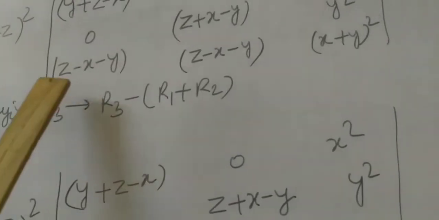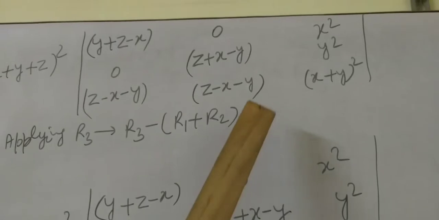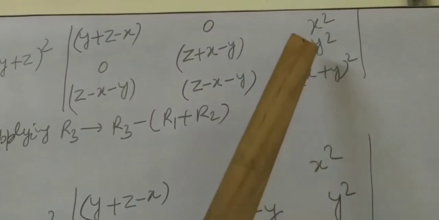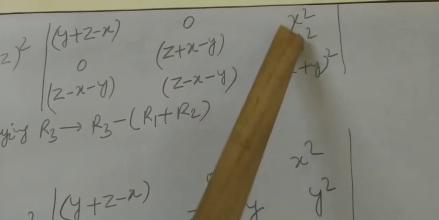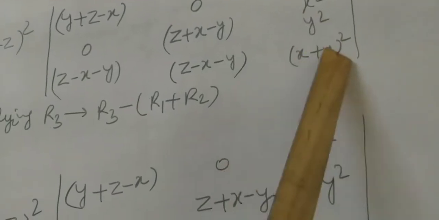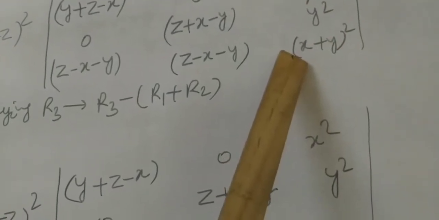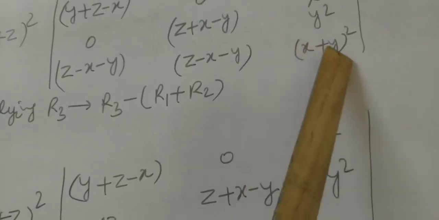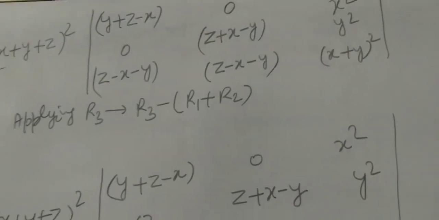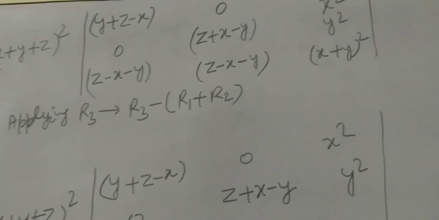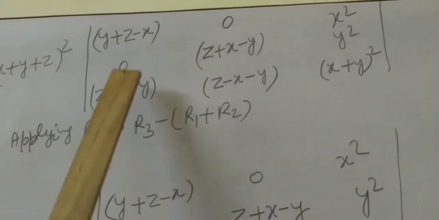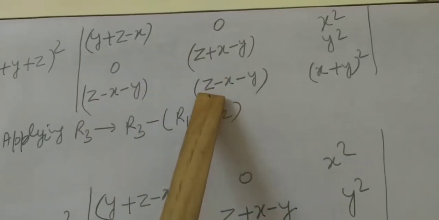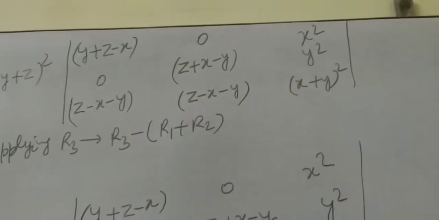Okay students, what I am going to do here: you can see, if I add both of them and subtract it from this, then its degree will be reduced. So students, the question is why we are going to change this? Because this part is degree 1, degree 1, degree 1, degree 1, but this part is degree 2.